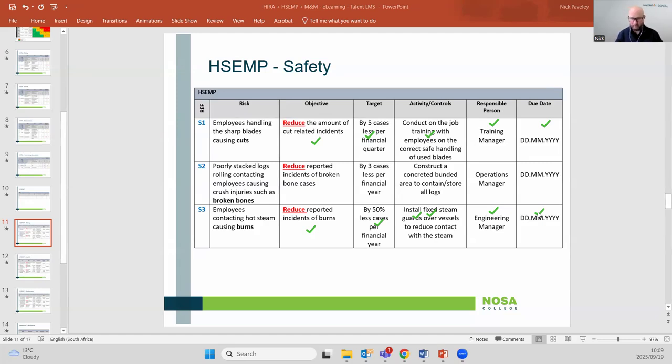So try and aim. Here's a little tip. Try and aim for a realistic control based on the hierarchy. Now you can see I haven't, in any of these safety, health, environmental examples, used any elimination controls. In fact, I don't even think I've used substitution controls.